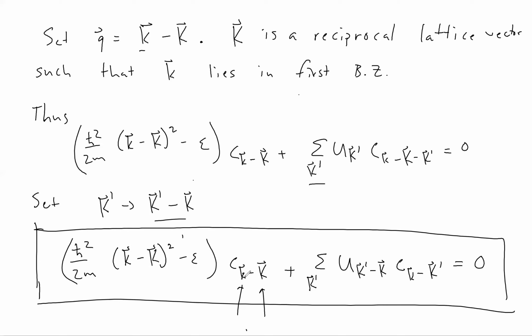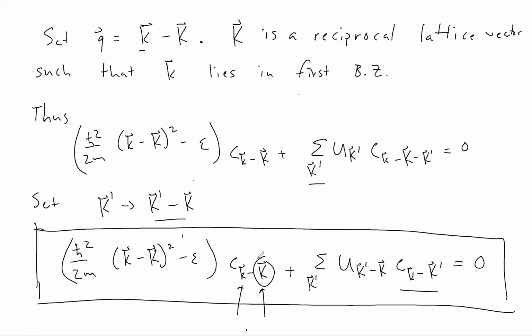So here I have C of little k minus big K. Here I have C of little k minus big K prime, and big K prime runs over all reciprocal lattice vectors. Now let's suppose I choose a different wave vector, a different reciprocal lattice vector, big K here.